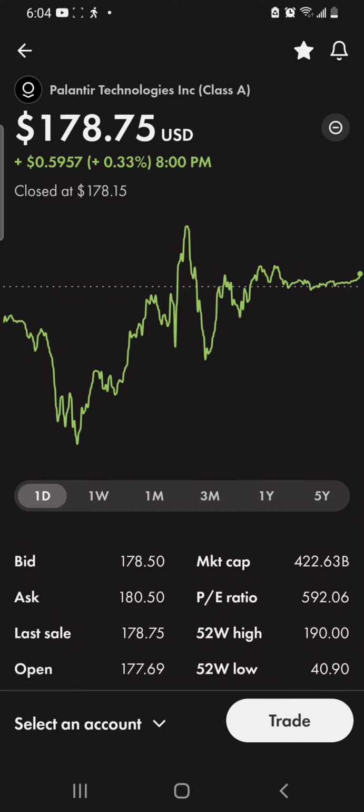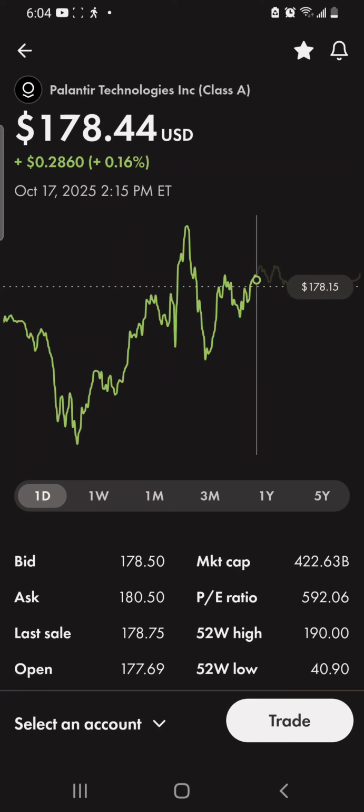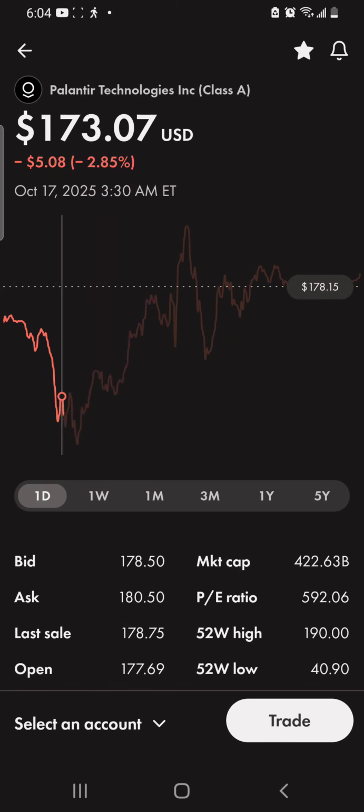When the market closed on Friday, Palantir was at $178, right? If you put your finger on this green line here, it will show you what it did for the day. And if you pull it straight back down, it will show you the lowest it was for the day, and then it went back up.